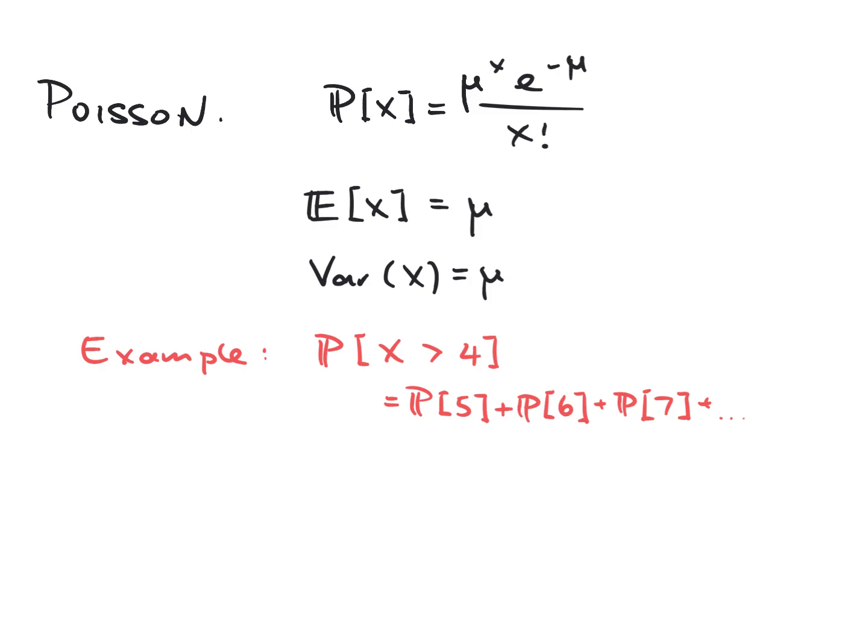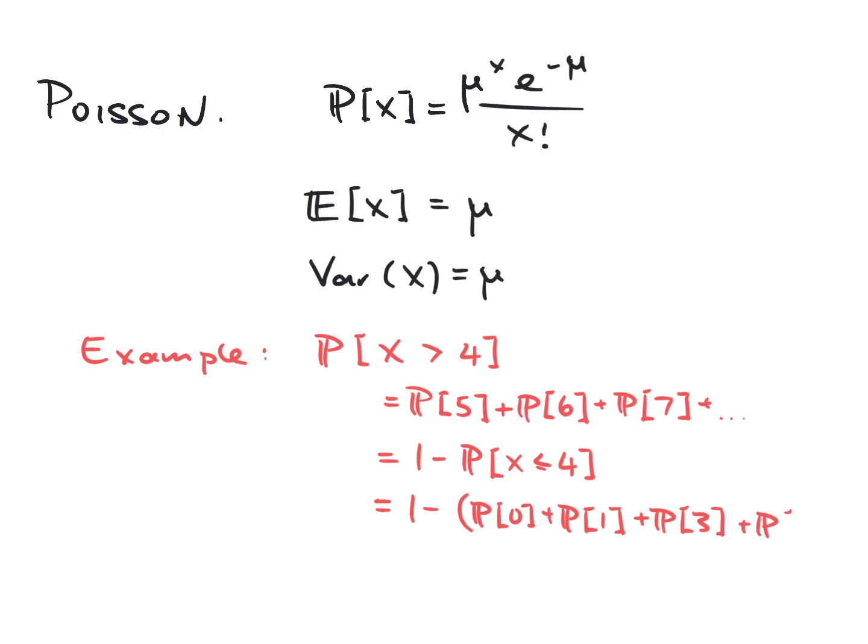The only way to approach this question is instead to do 1 minus the probability that X is less than or equal to 4. So that's 1 minus the probability that X is 0, plus the probability X is 1, plus the probability X is 3, plus the probability X is 4.